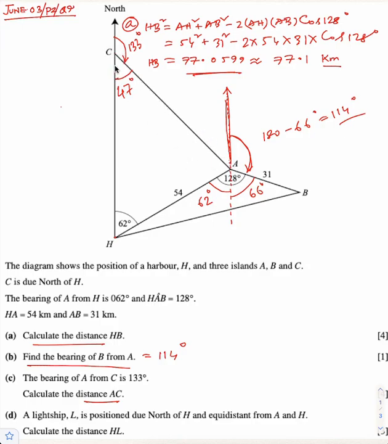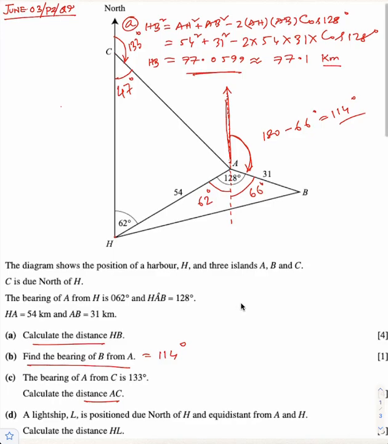So now see, if I consider triangle AHC, this side is given, this angle given, this angle given, we need to find this side. So easily we can use the sine formula. For part C, let's do it here.